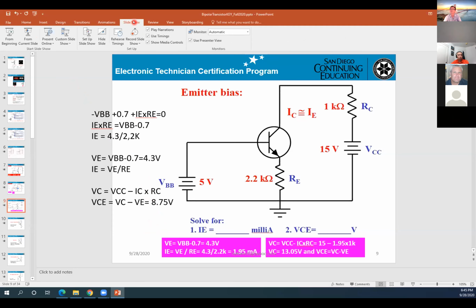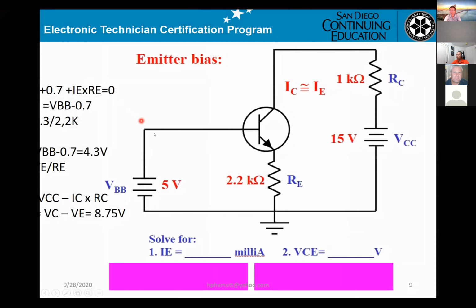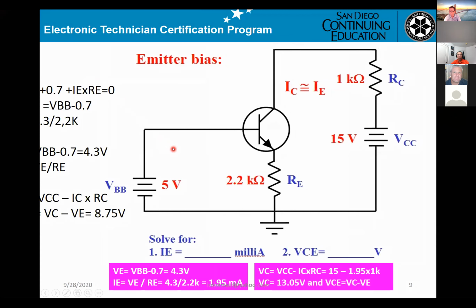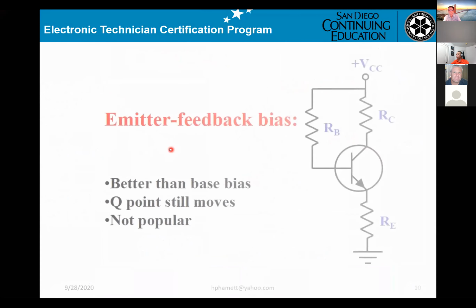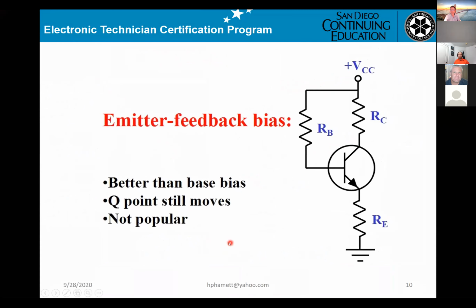Okay, so now we're going back. Another way for DC bias is what they call emitter feedback bias. They say it is better than the base bias that we just did. Q point still moves and it is not popular.